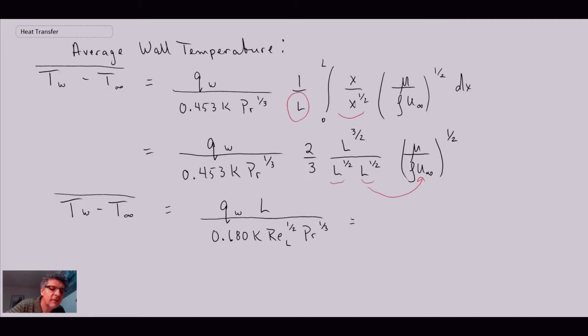You can go through the algebra as an exercise, but what you get out of this is the following. And so with that, we can say that the heat flux in the plate is the following.